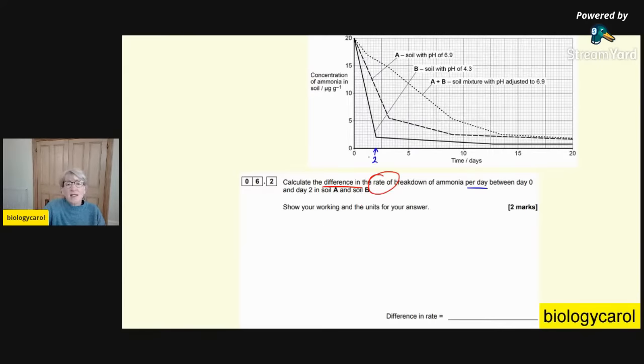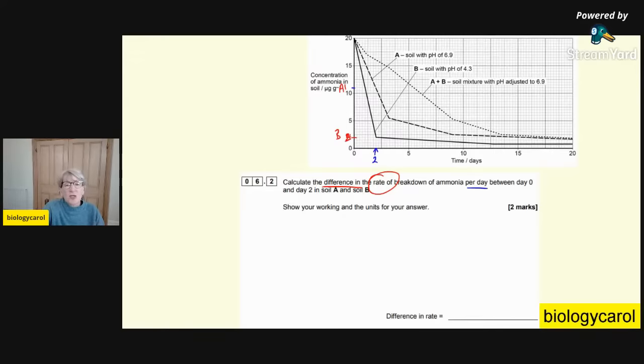So here's day 2. I've worked it out on the graph because you've got 20 little boxes for 5 units. So each unit is 4 boxes. And so this is day 2. And therefore I can read off very easily here that this is 4, and this is for B, and for A, this is here.